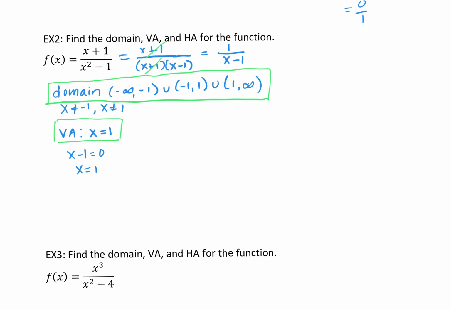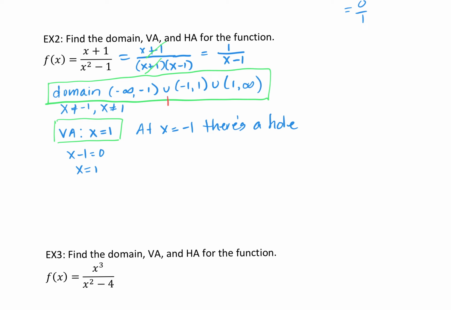The function is still not defined at x equal to negative 1, but at x equal to negative 1, there's a hole in the graph. So it's not an asymptote, it's a hole.